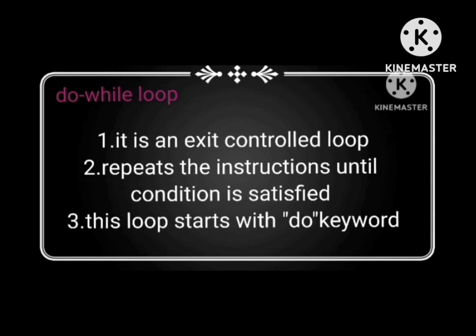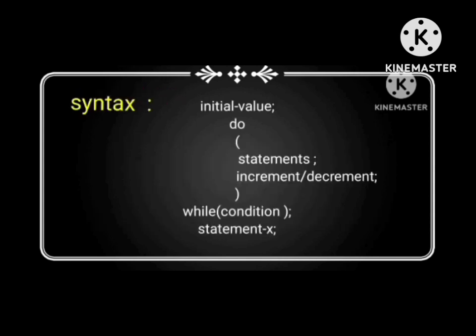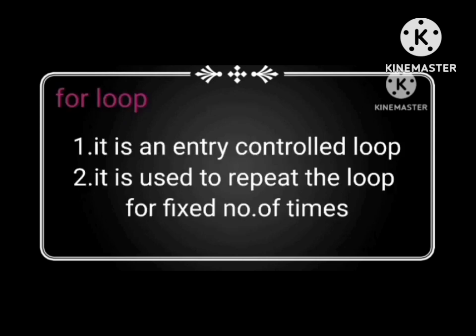This loop starts with the do keyword and ends with while condition and a semicolon. It enters into the loop a minimum of 1 time without checking the condition. Syntax: initial value, do, statements, increment statement, closed flower bracket, while condition.